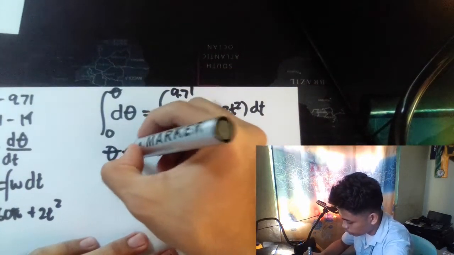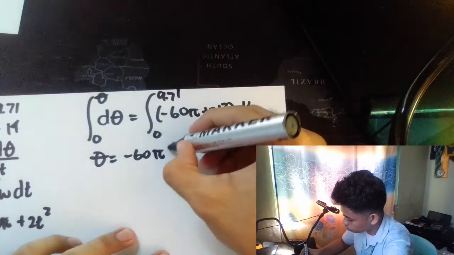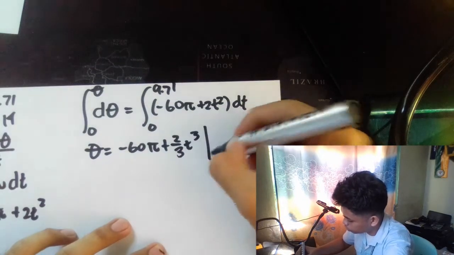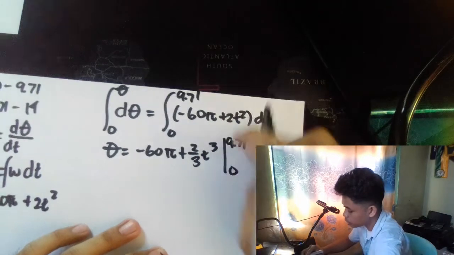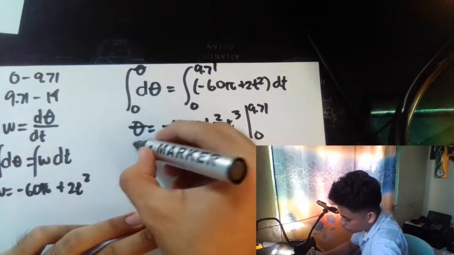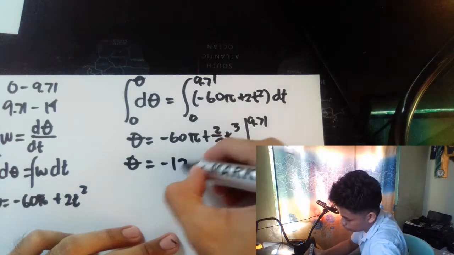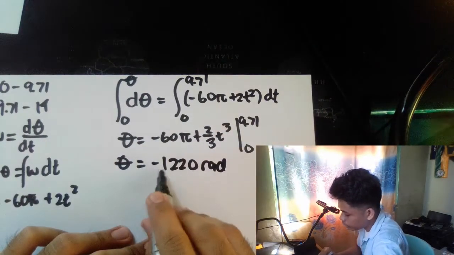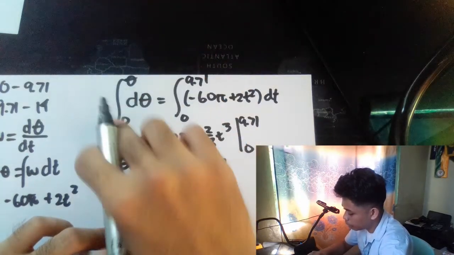So θ equals negative 60πt plus 2 over 3 t cubed, from 0 to 9.71 seconds. Substituting 9.71 seconds for t, we get negative 1220 radians.